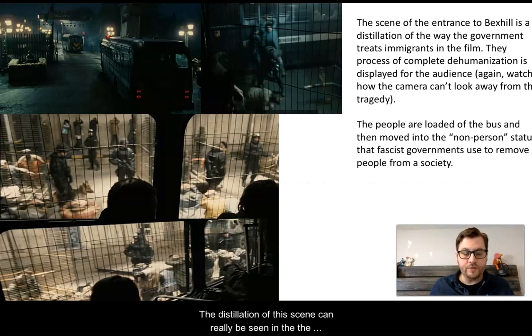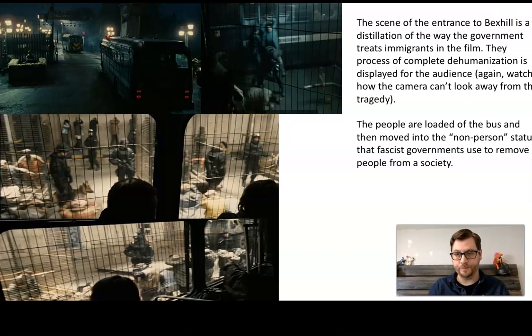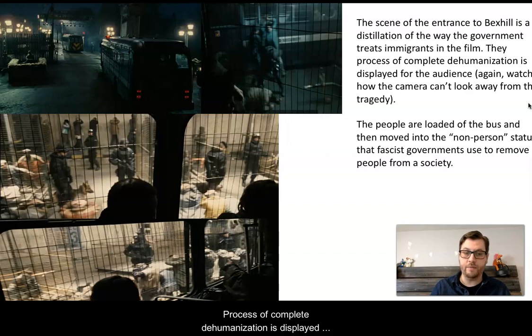The distillation of this can really be seen in the moment when the film shows you Theo and Kee's entrance into the refugee compound, the ghetto, you would say, of Bexhill. Bexhill is a distillation of the way the government treats immigrants in the film. The process of complete dehumanization is displayed again for the audience.